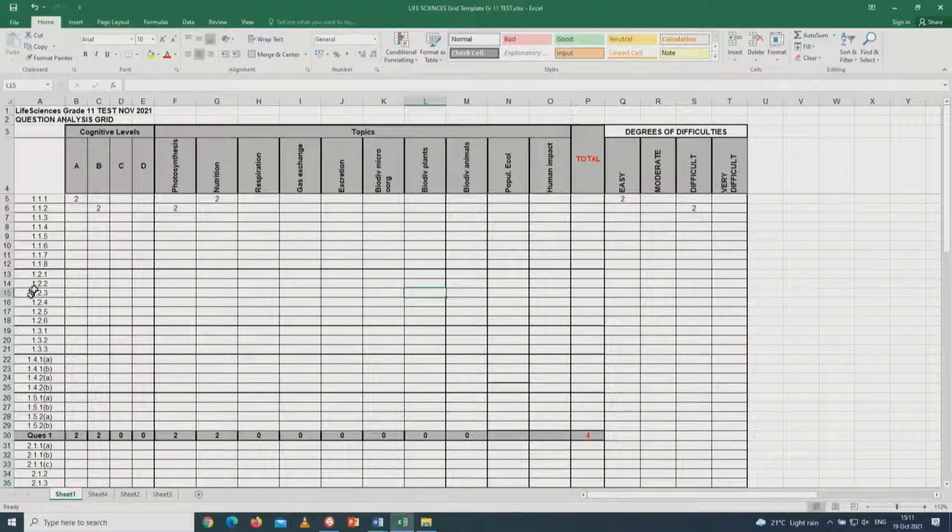When you come to bioterms, biological terms, before you even start setting your paper, you can do the following. Because they are all 1 mark, and they are all on level A of the cognitive demands. Finish and clear. Then you decide which topic they are, and the difficulty levels can differ.